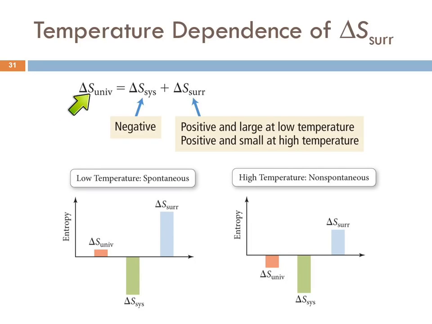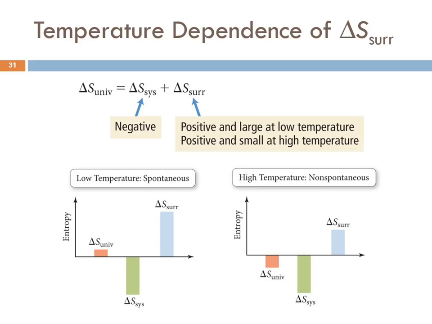So here's our equation. The change in entropy for the universe equals the change in entropy for the system plus the change in entropy for the surroundings. So we're still looking at the water freezing. The change in entropy for the water freezing is negative. So that's that green bar going down.